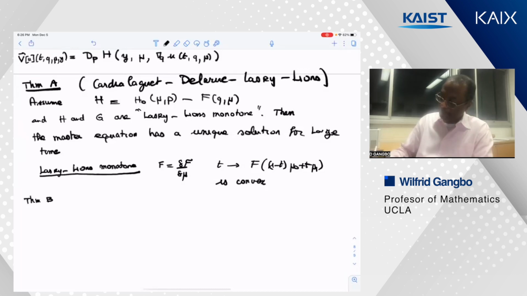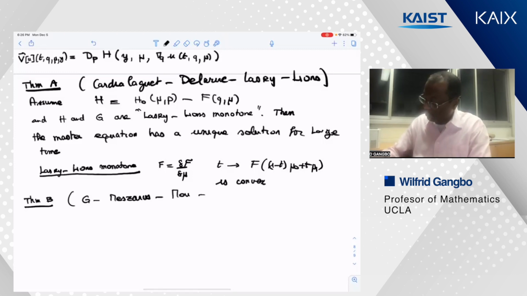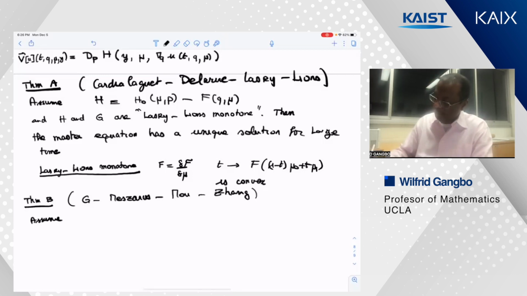Theorem B. This is due to myself, Bessaros, and Zhang. Assume H and G are displacement monotone, not necessarily separable.